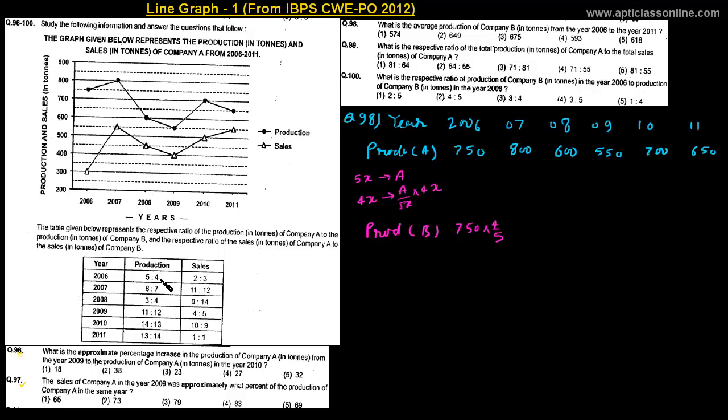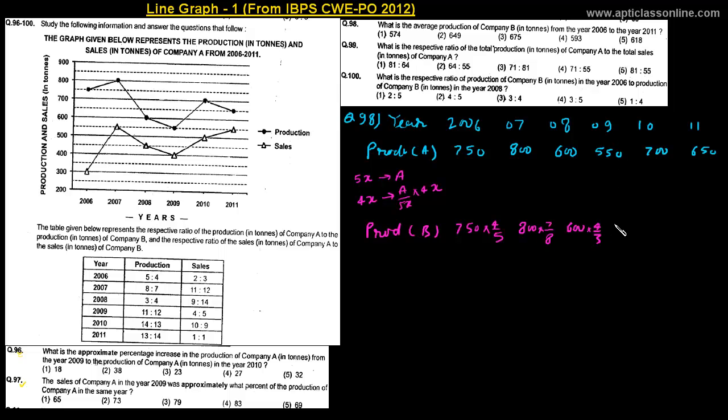For 2007, 800 multiplied by 7 by 8. For 2008, 600 multiplied by 4 by 3.